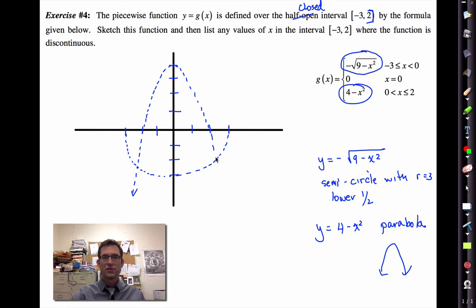Pretty easy calculation in our head. So the semicircle applies from -3 to 0, but not including the 0. Remember, these are x values. So nice open circle there. The parabola applies from 0 to 2, but not at 0.